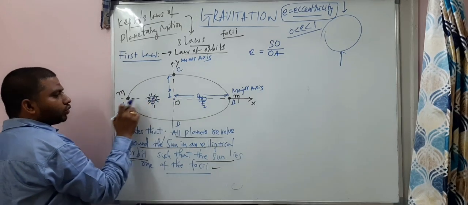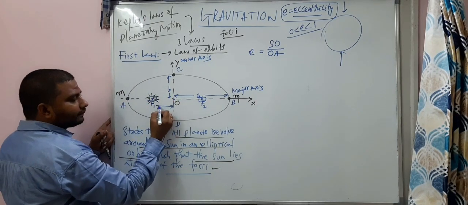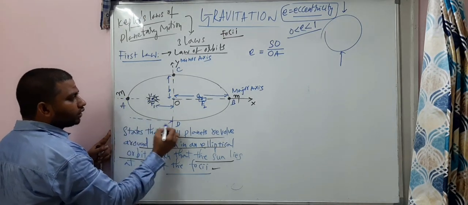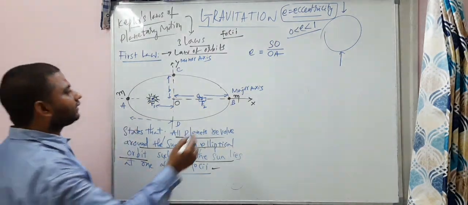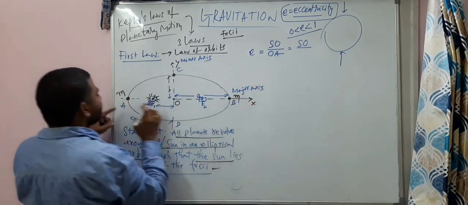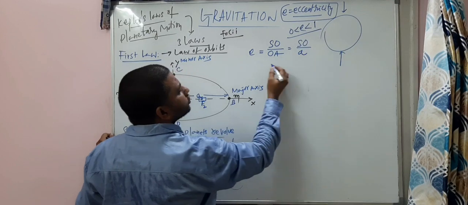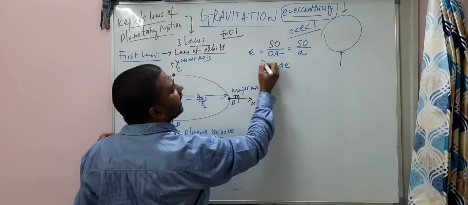Here SO is this, and OA is the semi-major axis. So SO divided by the semi-major axis, which is A. So I can clearly write SO is equal to AE.